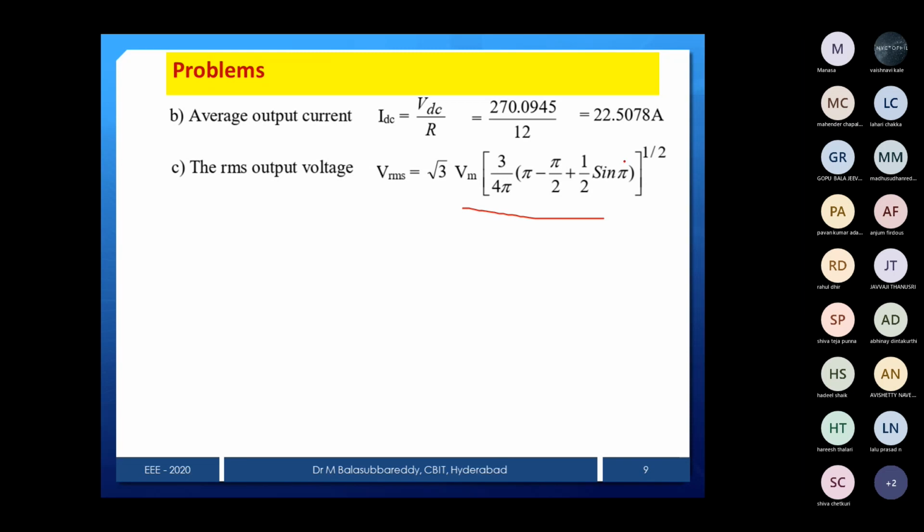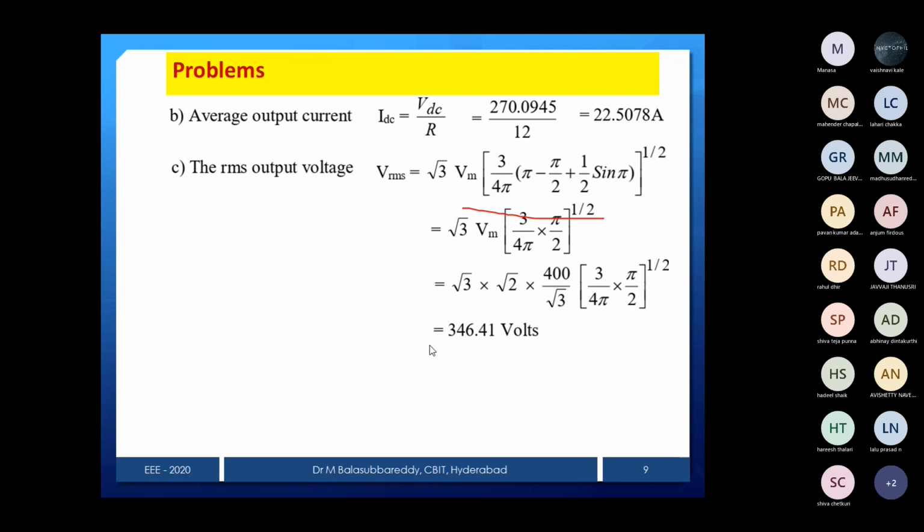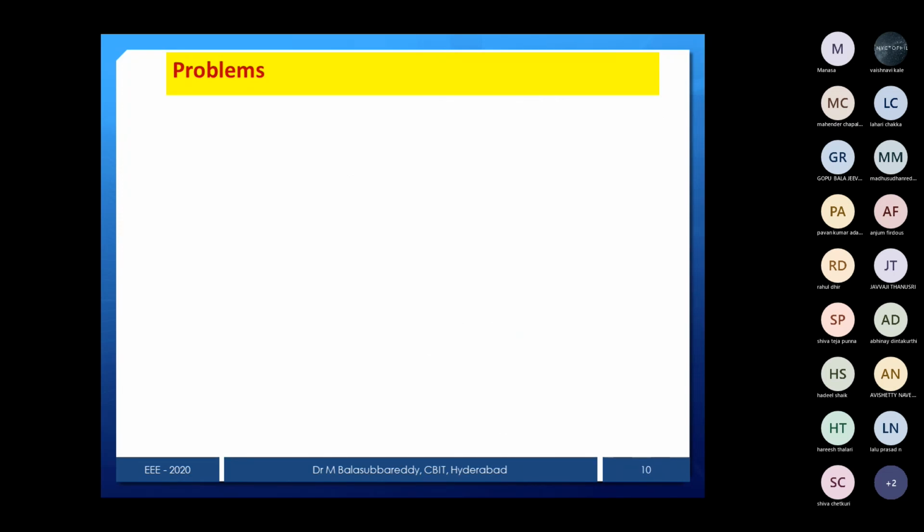That is Vm. And then all these parameters are known to you. You can substitute, and you will get the value of VRMS. Then the RMS value of output current: this divided by R will give us the RMS value of the output current. That is nothing but 28.86.